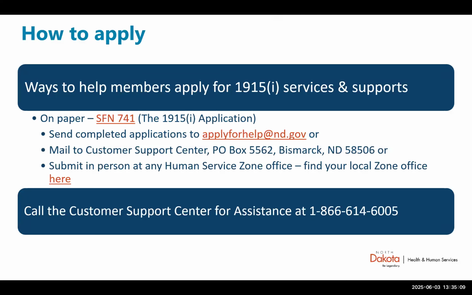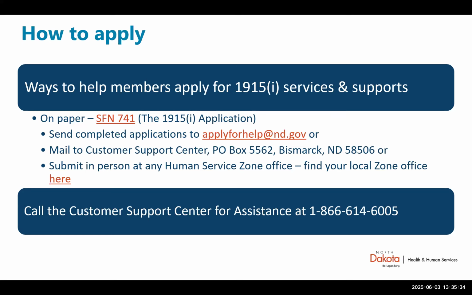There are a couple of ways to apply for 1915I services. On our main 1915I webpage, we have the application, the SFN 741. That's the official title of the 1915I application. We suggest the best way is to fill out the application and then email it to applyforhelp@nd.gov.